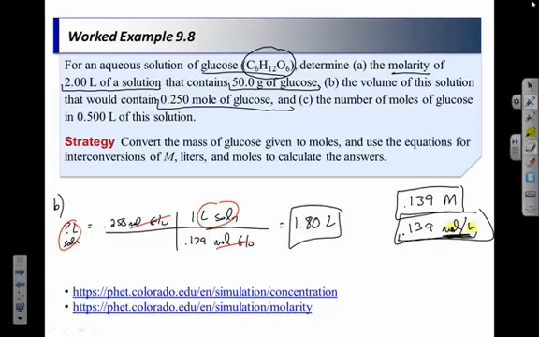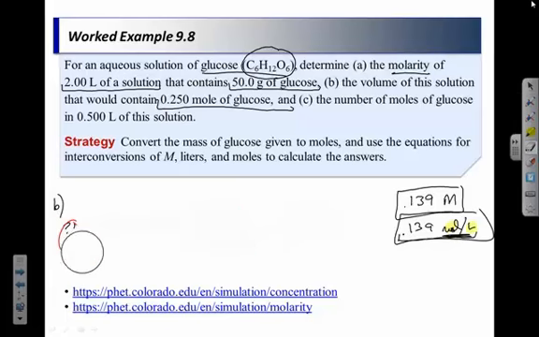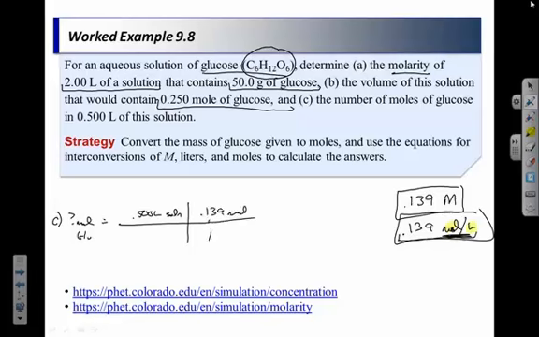You might also want to answer a slightly different question from a slightly different point of view, which would be like C. C says, if I have a certain volume, how many moles is that going to supply? In this case, I use the same relationship. I just flip it because I want the liters to cancel. So I would do 0.139 moles per 1 liter.